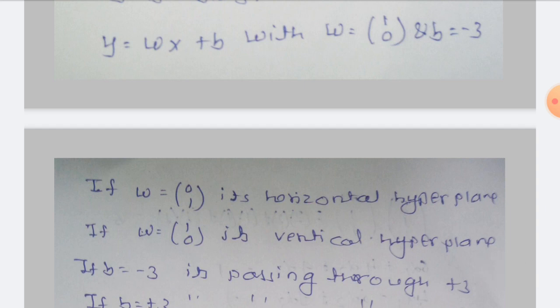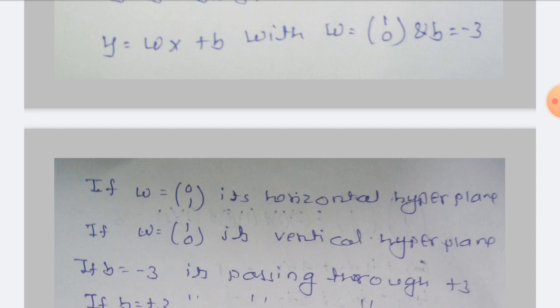Now, if w is equal to (0, 1), then we can directly say that it is a horizontal hyperplane. And if w is equal to (1, 0), then it's a vertical hyperplane. So, in our example, the w value is (1, 0). So, obviously, it's a vertical plane.